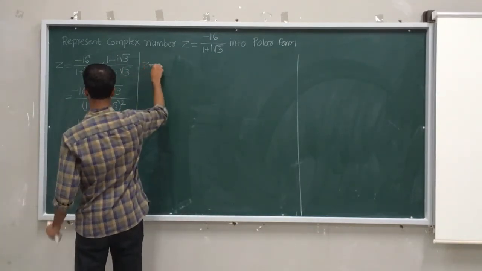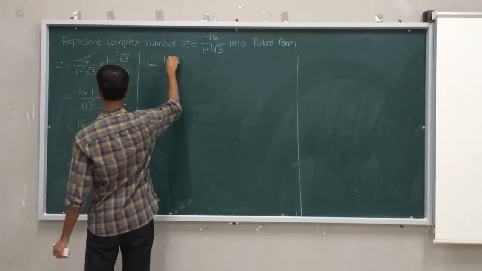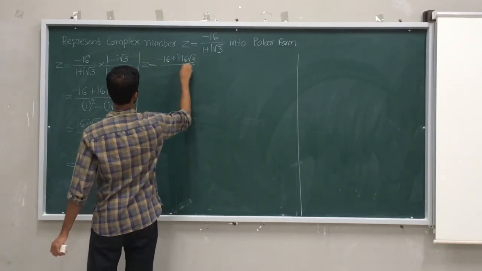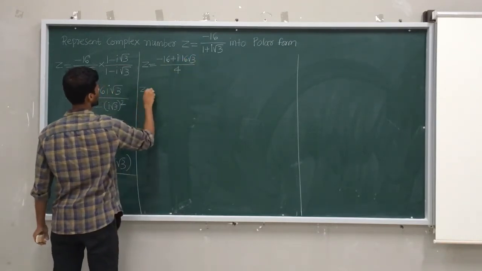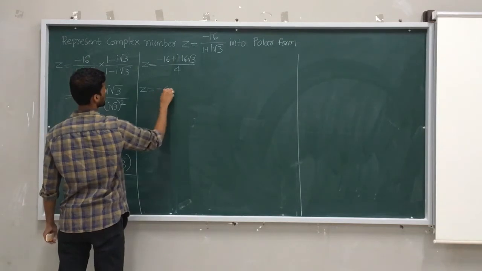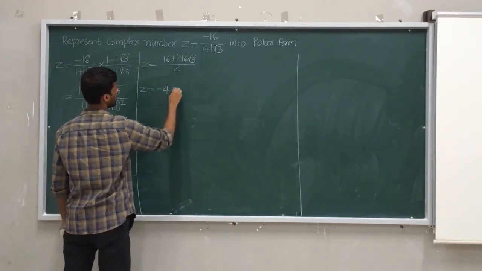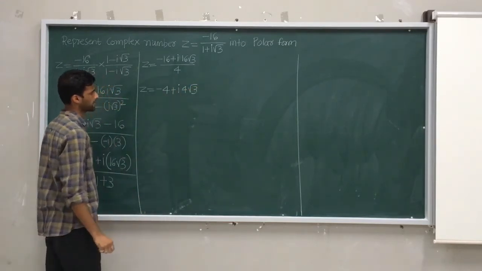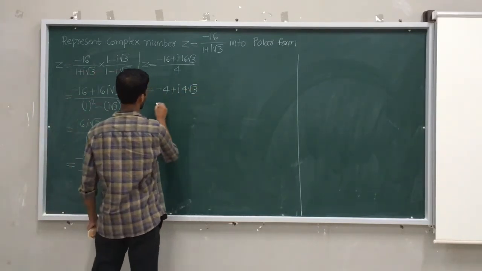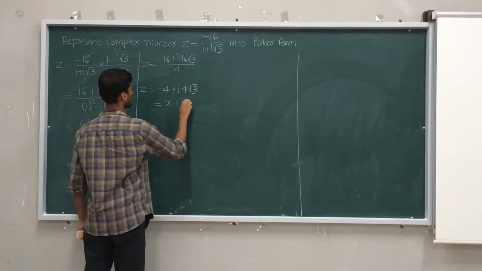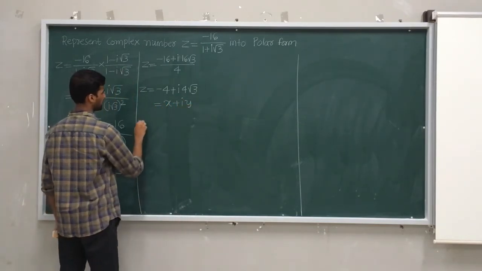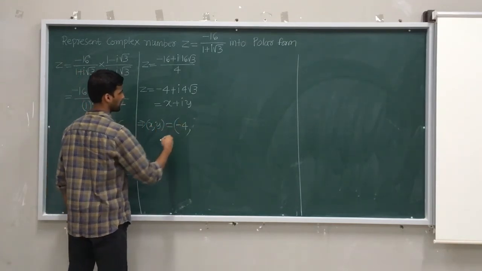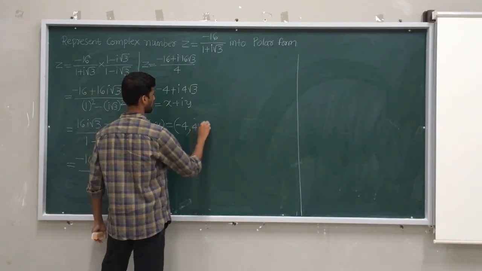Therefore z equal to minus 16 plus i times 16 root 3 divided by 4, which is nothing but 16 by 4 is minus 4, plus i times 4 root 3. Now it is in a standard form, x plus iy, which is x comma y, where x is minus 4 and y is 4 root 3.